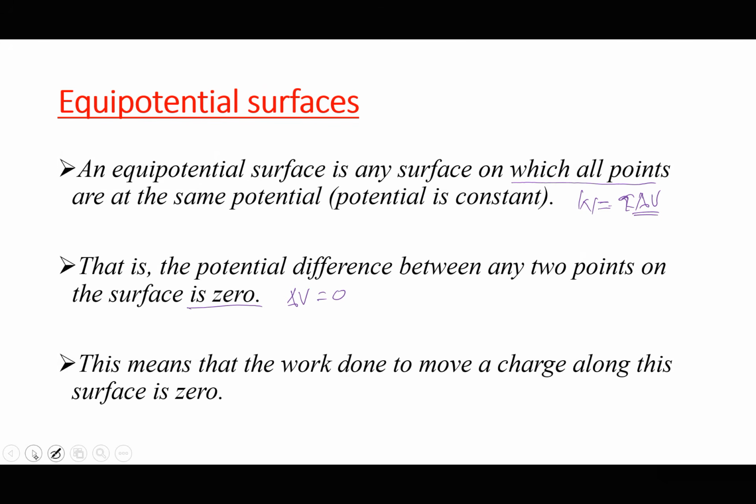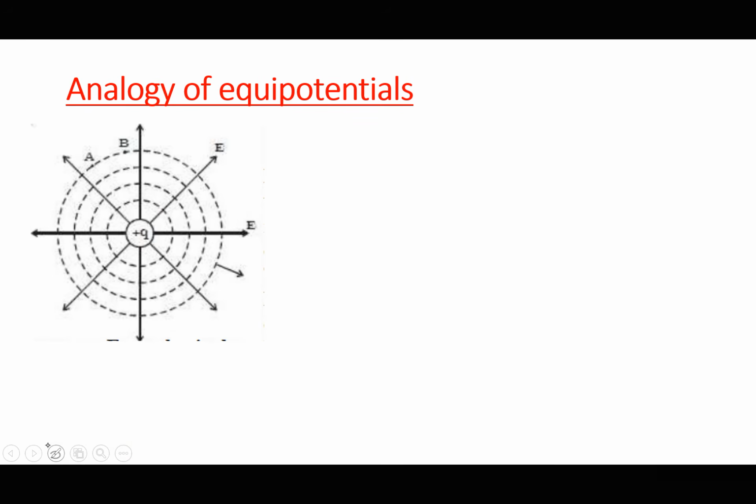A simple analogy of equipotential surfaces can be seen in this slide. Let's consider a positively charged particle or spherical charge which is positive. Field lines originate from the charge and they radiate outwards.